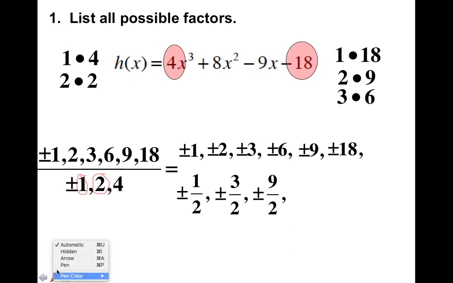Then finally we can go ahead and divide by the 4. So we have 1 divided by 4, which is 1/4. 2 divided by 4, which reduces to a half.